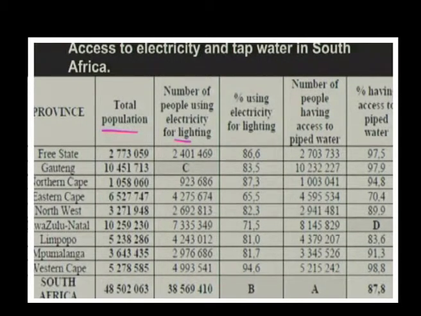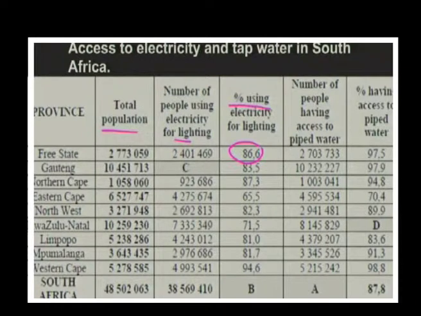And then they've given us the percentage using electricity for lighting. Before I move on, I'm going to try and work out how they got that percentage, because if you can work out what they did in the table, it helps you answer all the questions. So let's try and work out how they got that 86.6%.